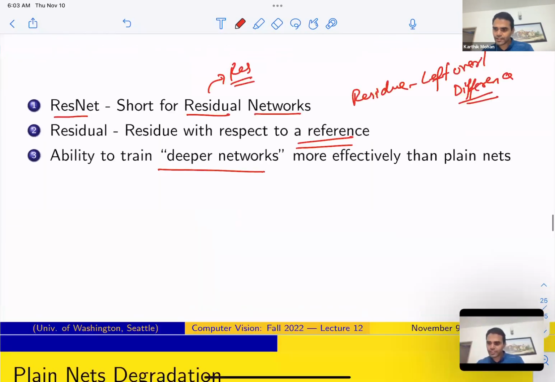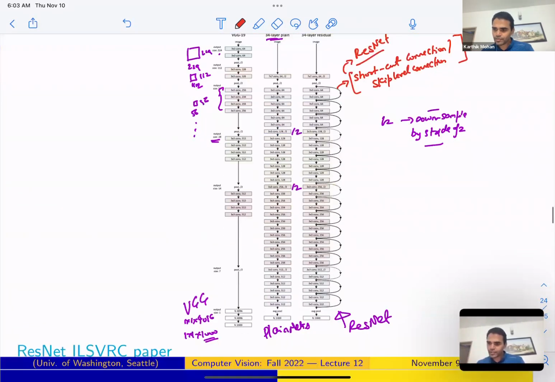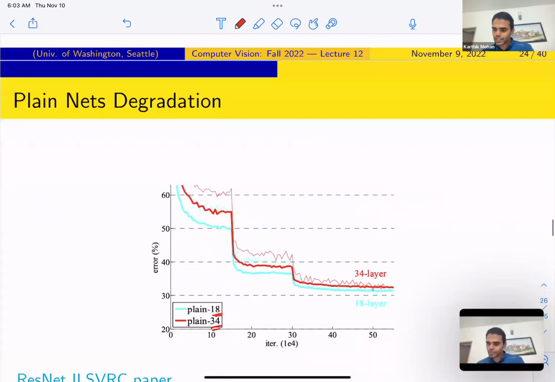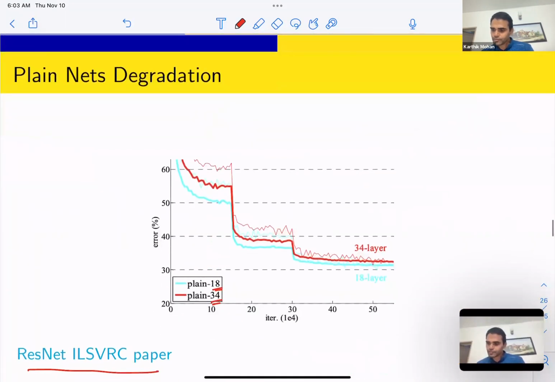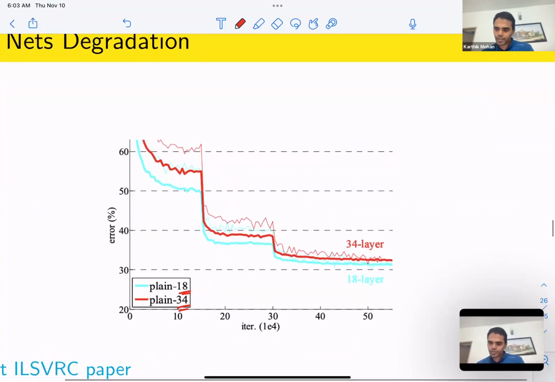So essentially this one, 18 or 34. So let's say you have two different choices. What the authors of this paper observed is as you keep training, the 34-layer model performs worse than the 18-layer model. And this was baffling. And it's not because the 34-layer model is overfitting.